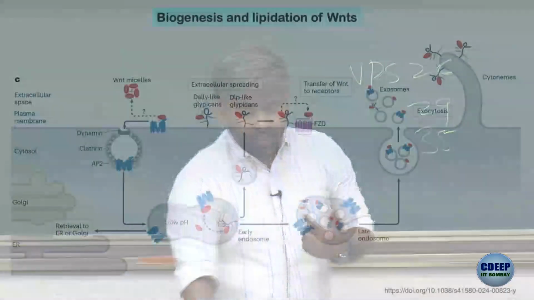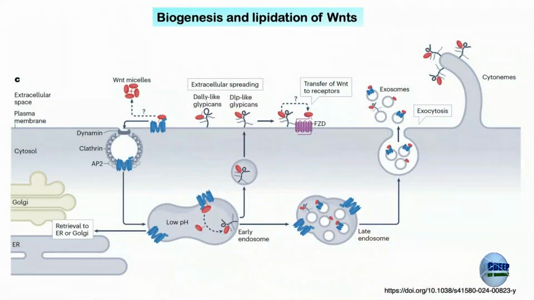The third figure is telling you how this Wnt which is secreted outside is going to come together, how it can be released, and what are the molecules which will help this Wnt ligand to go and bind to its actual receptor, that is Frizzled. Is it clear? So, when we talk about Wnt, Wntless is the receptor for Wnt to get secreted out. It is not the receptor which does the signaling job as such.